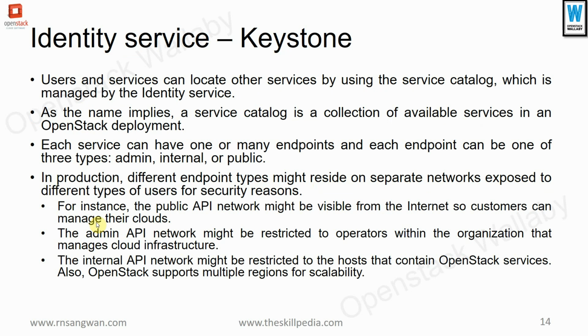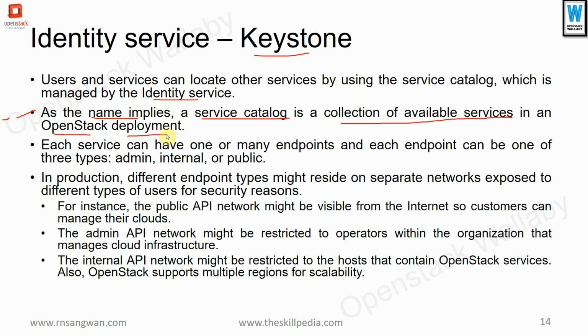Users and services can locate other services by using the service catalog, which is managed by the identity service, Keystone. As the name implies, the service catalog is a collection of available services in an OpenStack deployment. Each service can have one or many endpoints.